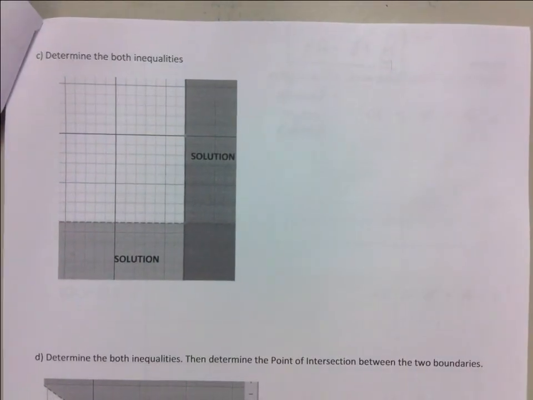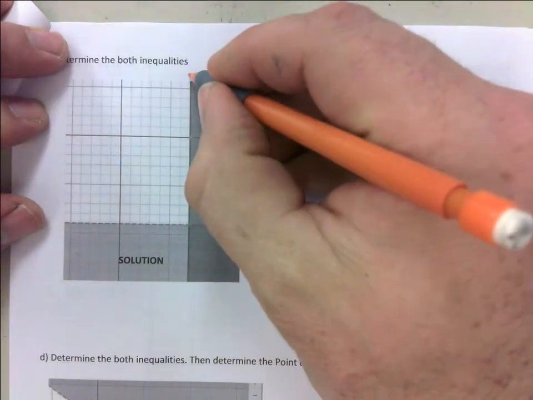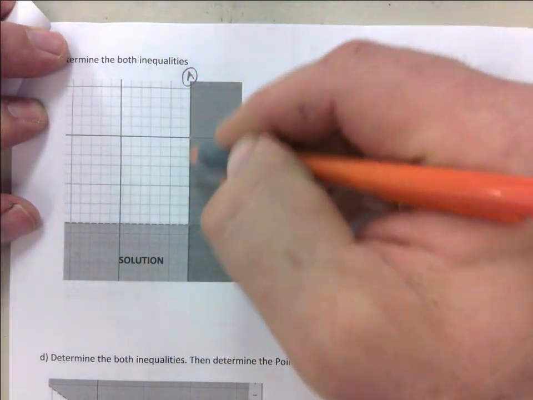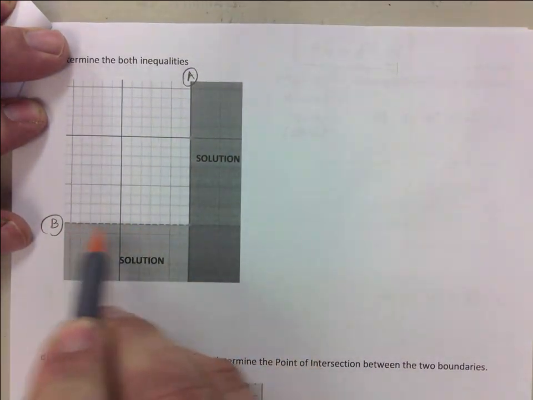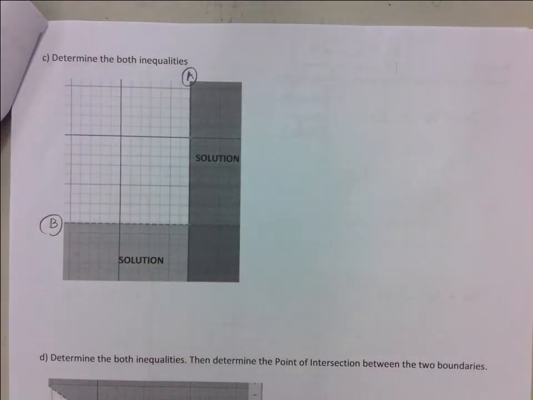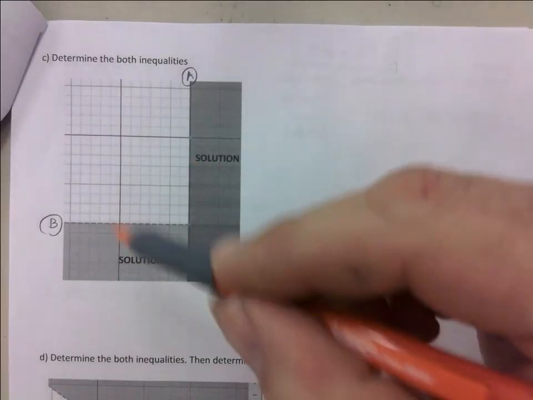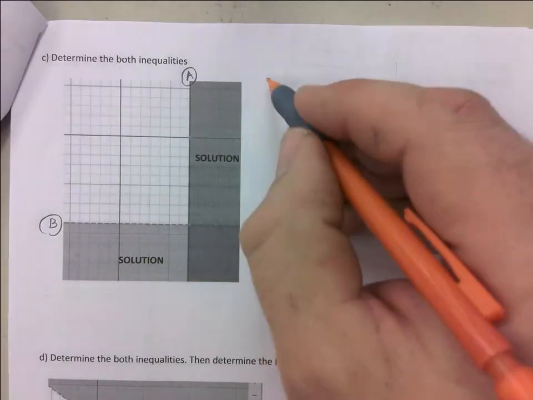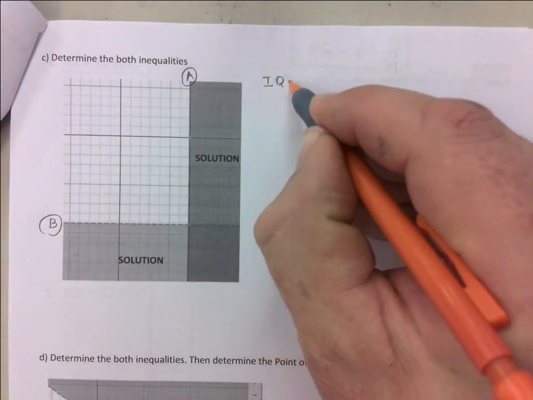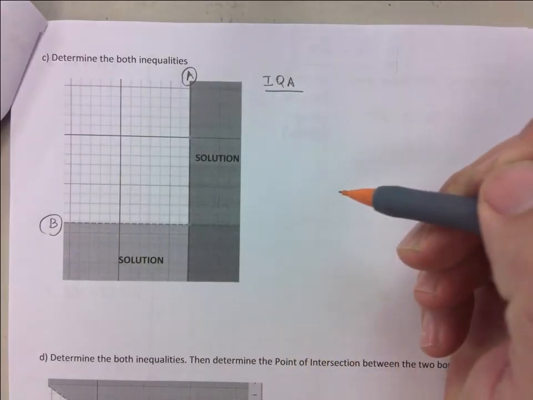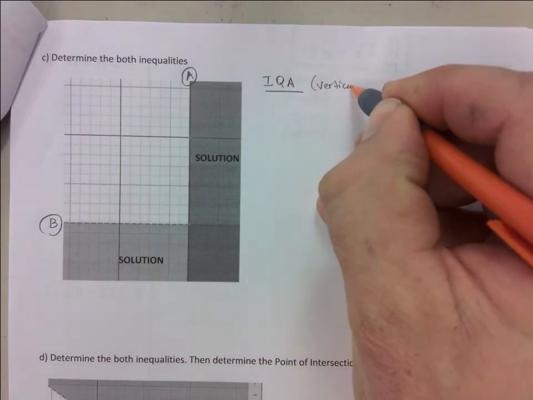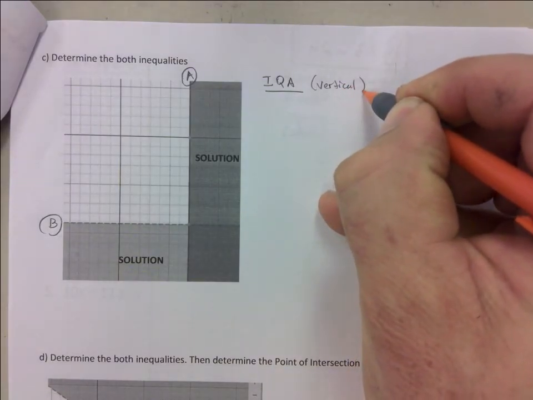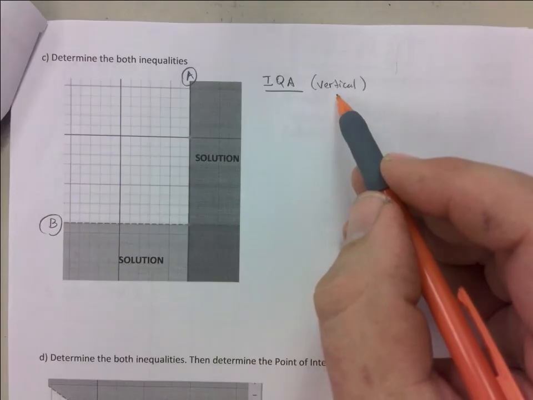Go to C here, special cases. When you have this, I will just put an A here for this one, let's say, and I'll put a B for this one. This is where we're headed, by the way, guys, where we have multiple inequalities at the same time. And so I'll just go inequality A. It's a vertical line, guys. It's a special case. So what does a vertical case look like?